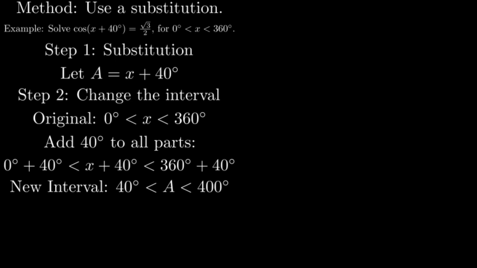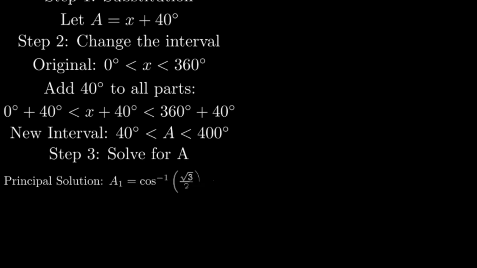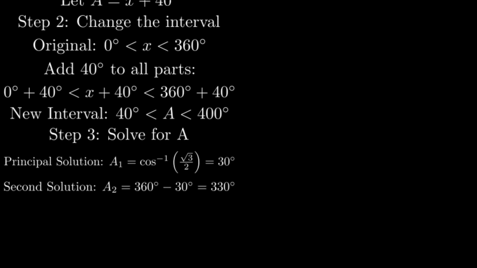Now we solve cos a equals root 3 over 2 for a in this new interval. The principal solution for a is 30 degrees. The second solution is 360 minus 30, which is 330 degrees. Now, let's check these solutions against our interval for a, which is 40 to 400 degrees. Notice that 30 degrees is not in this interval. However, 330 degrees is.